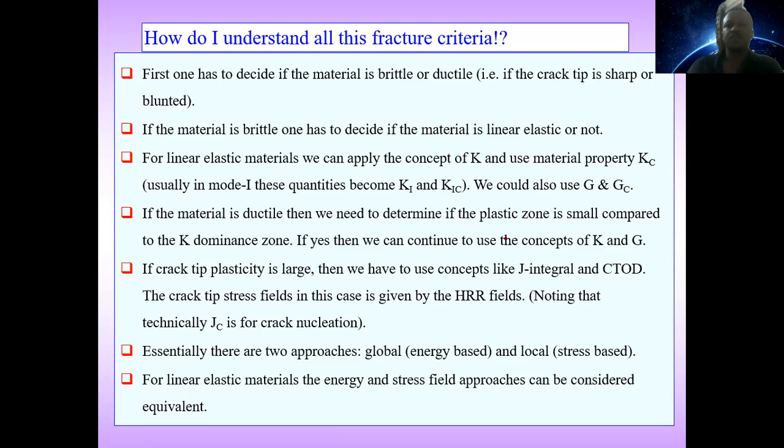If yes, then we can continue to use the concept of K and G. If the crack tip plasticity is larger, then we have to use concepts like the J integral and CTOD, the crack tip opening displacement. The crack tip stress field in this case is given by the HRR fields, noting that the critical J, JC, is for crack nucleation.